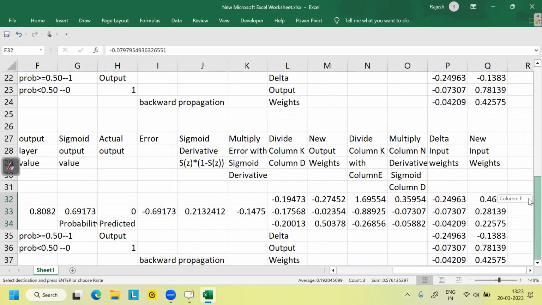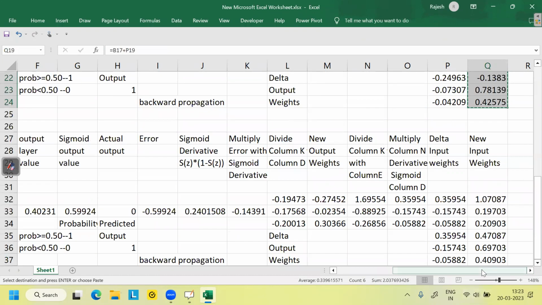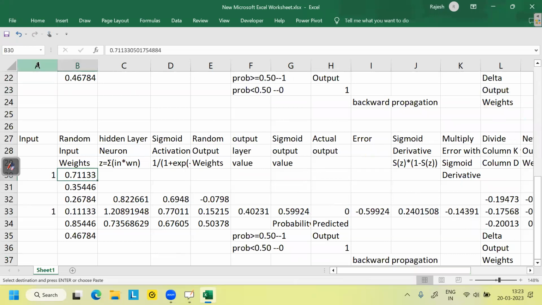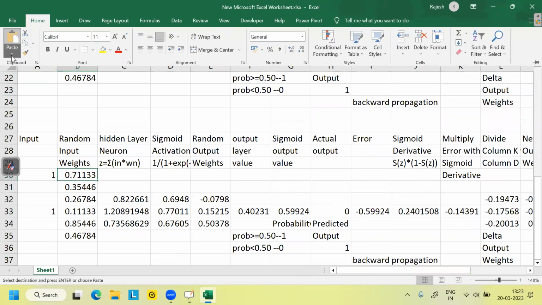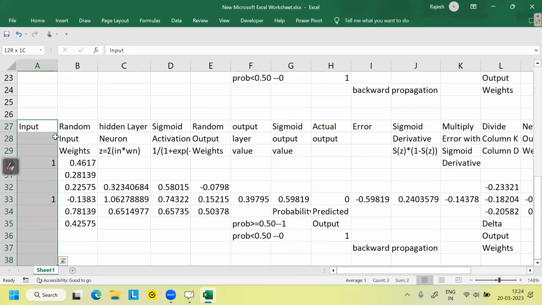I will also go to the previous calculation, copy the new input weights, Control C. And in the third iteration, I'll replace them with paste special values and number format, Control S. Now the error came down to 0.59. So one more iteration, I think the error will come down to less than 0.50.